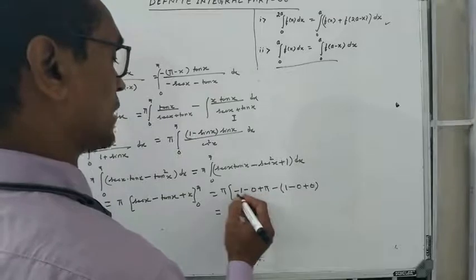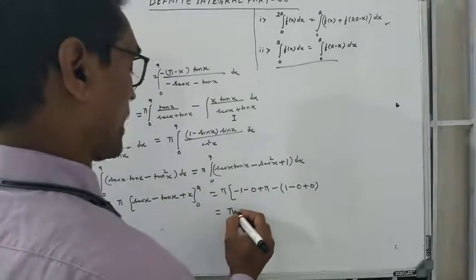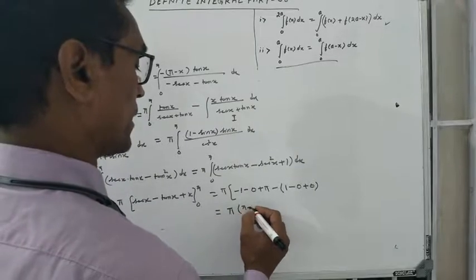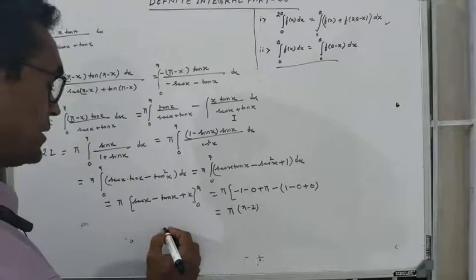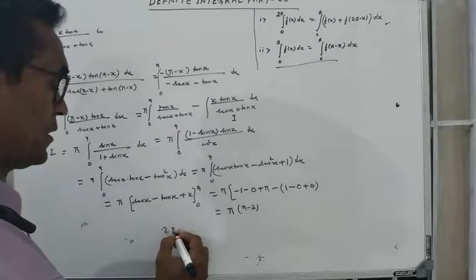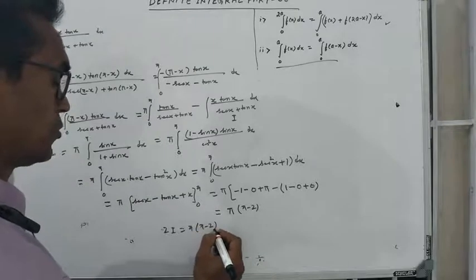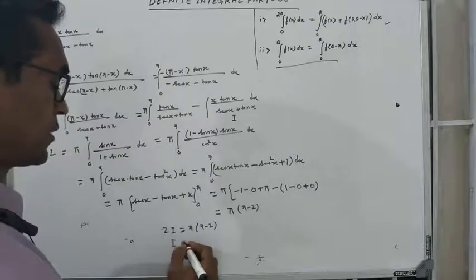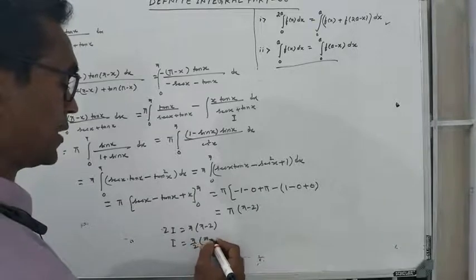So minus 1 minus 1, that is minus 2, plus pi, so pi minus 2. This is the value of twice I. So twice I is equal to pi into pi minus 2, and I is equal to pi by 2 into pi minus 2.